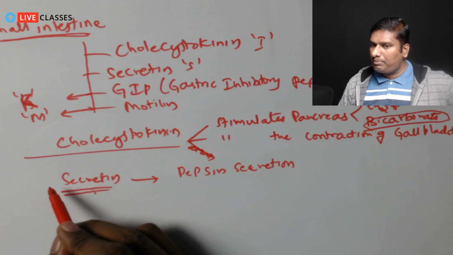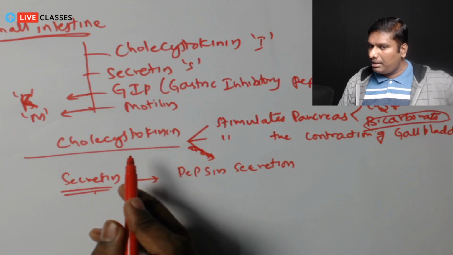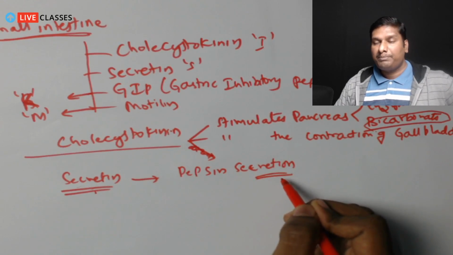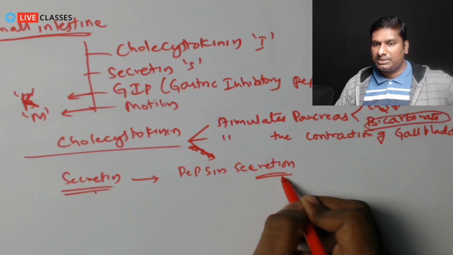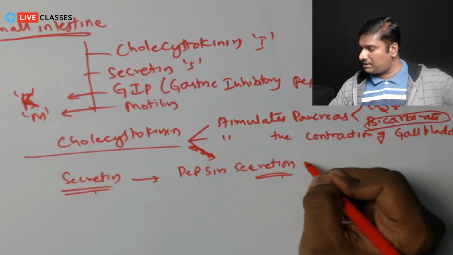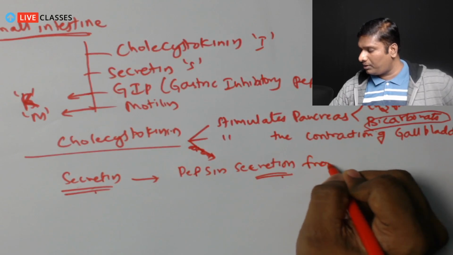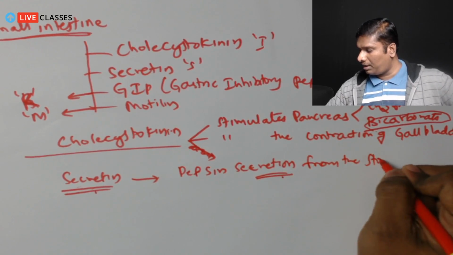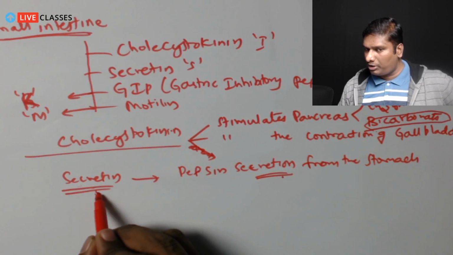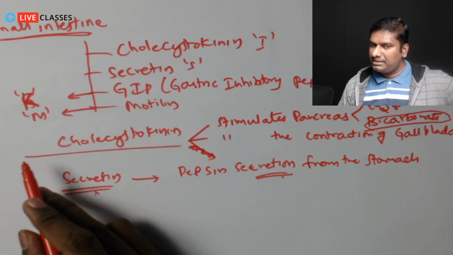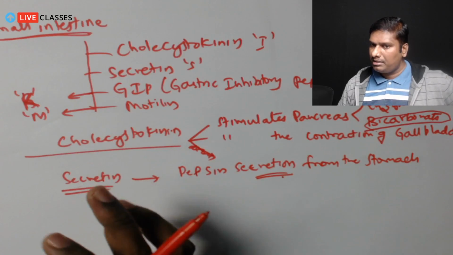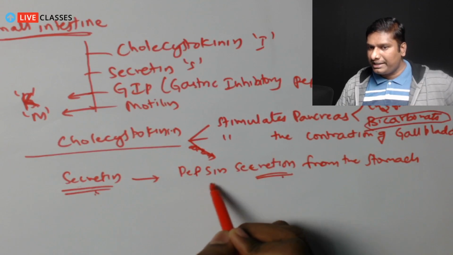The secretin through the blood will reach the stomach and then stimulate the stomach to start secreting the enzyme pepsin. It is not released from the stomach, it is released from the small intestine, and through the blood it reaches the stomach, where it stimulates cells to secrete pepsin.